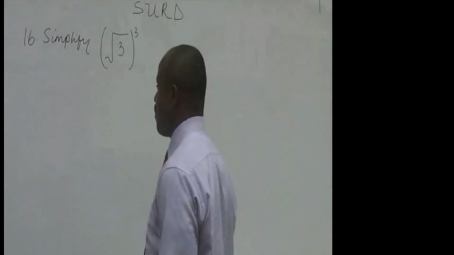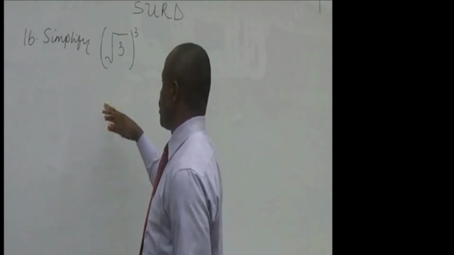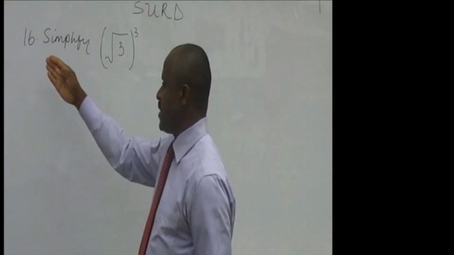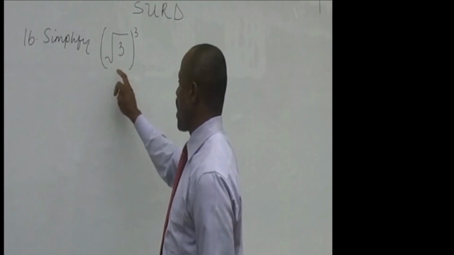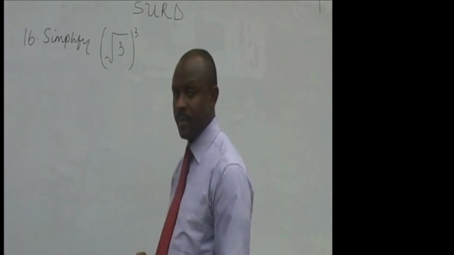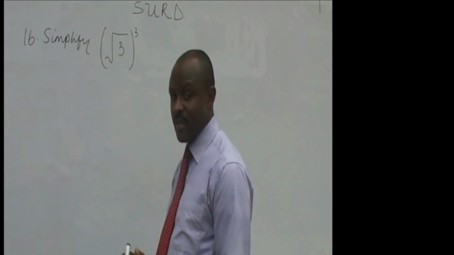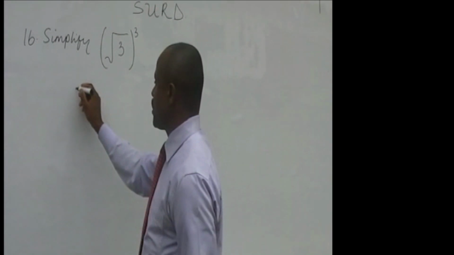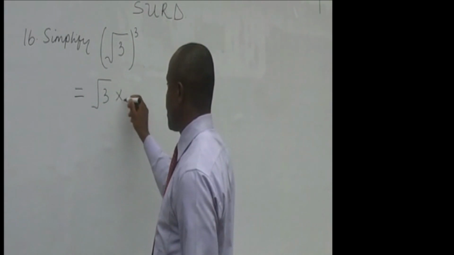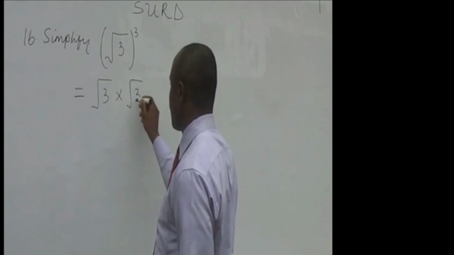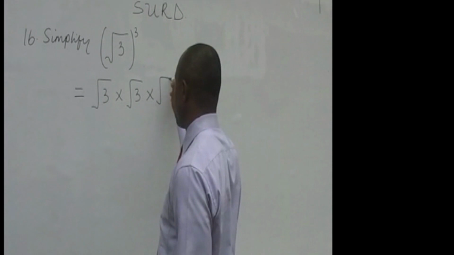You could also be given something like this, as question 16 says, simplify root 3 in brackets cube. It's a very simple thing. What it means is root 3 times root 3 times root 3.